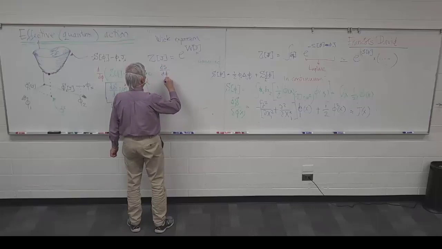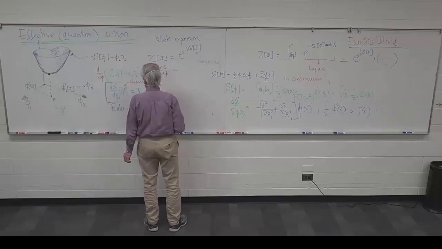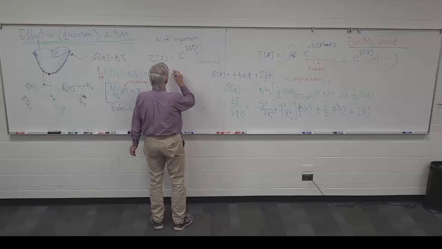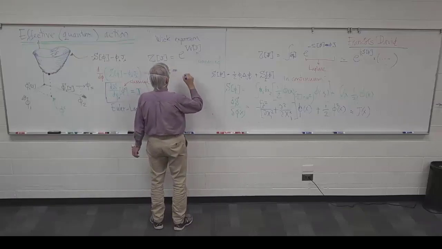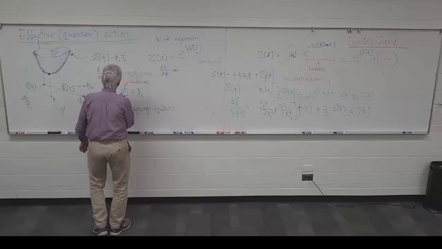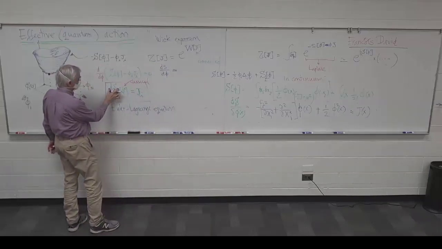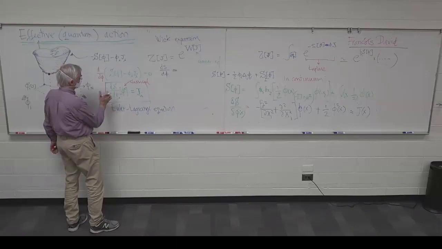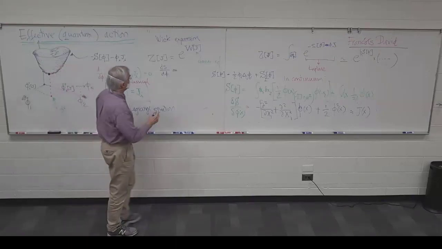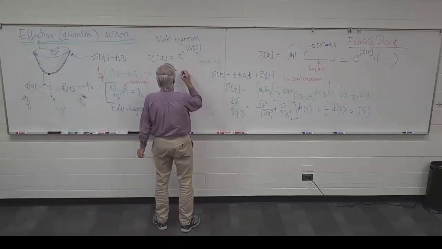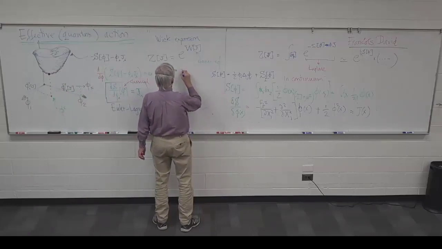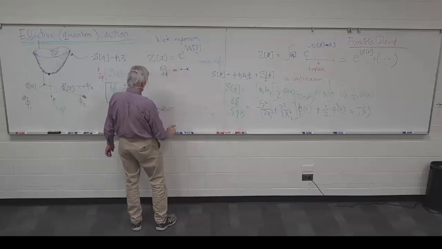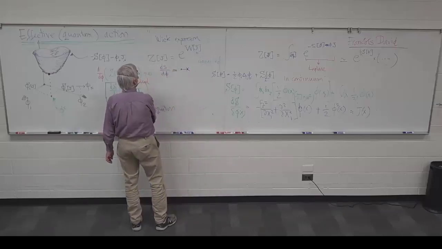Now, I can make a little bit more out of this equation by observing that the first variation is, we tend to split this into a quadratic part, the propagation part, plus the nonlinear part. So the first variation is a propagator ending in a current, ending in a field, I suppose.